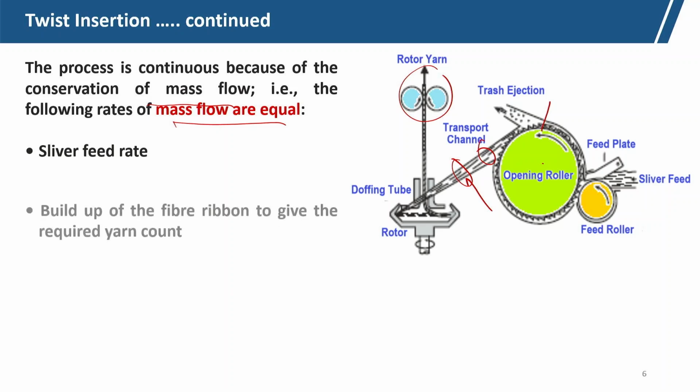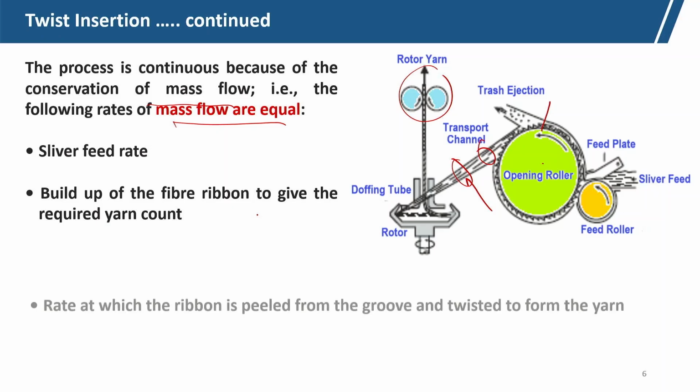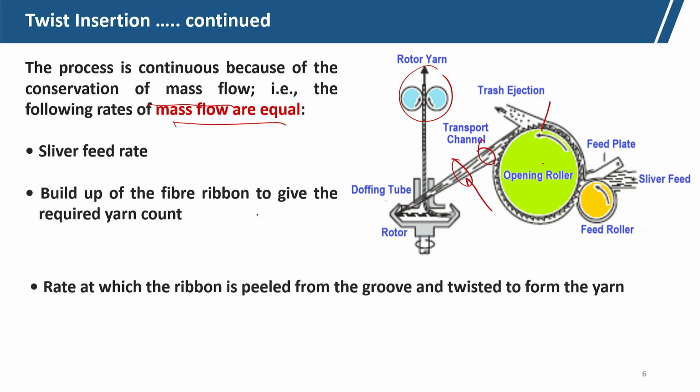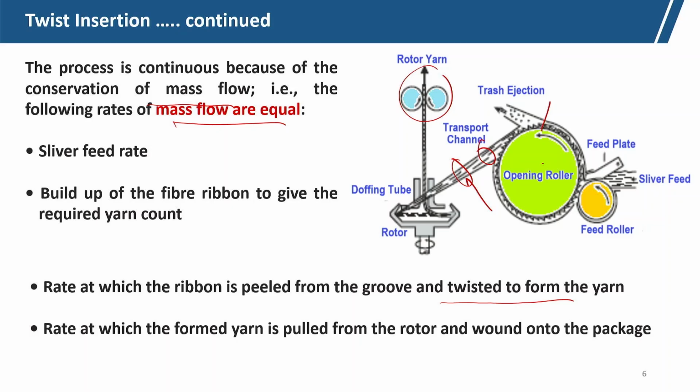So, the sliver feed rate, the build up of the fiber ribbon to give the required yarn count, the rate at which the ribbon is peeled off from the groove and twist is given to the yarn, and the rate at which the formed yarn is pulled from the rotor and wound onto the package.